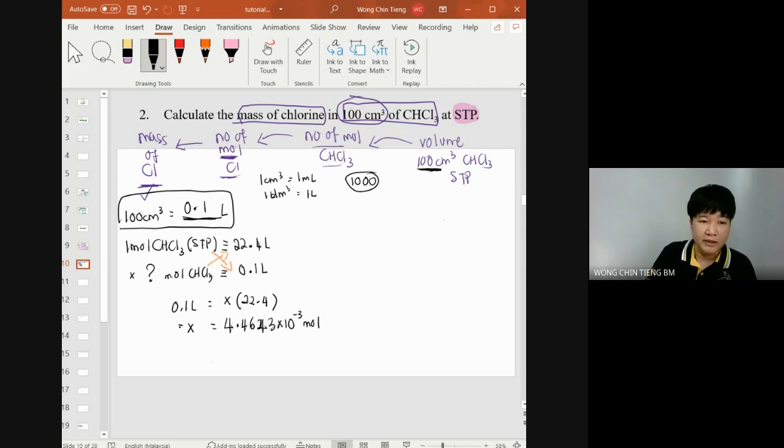And your X over here is actually equals to number of mole of CHCl3.